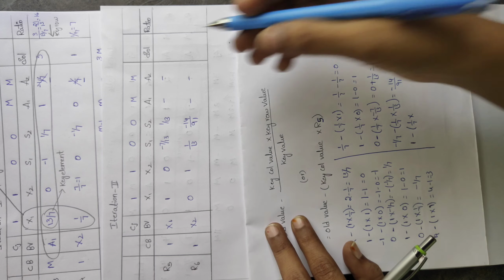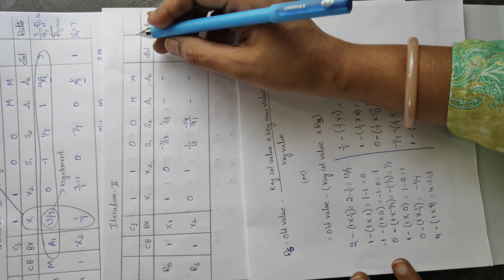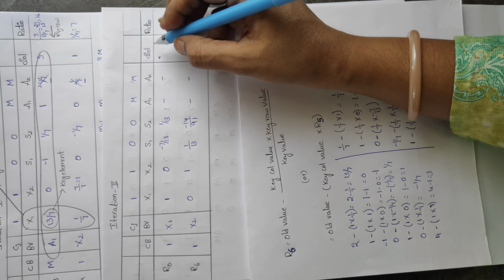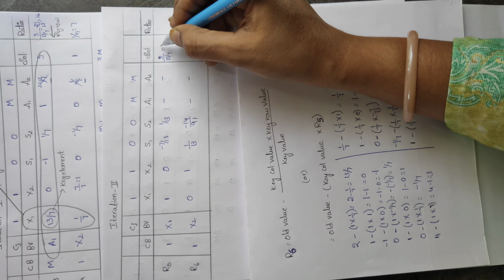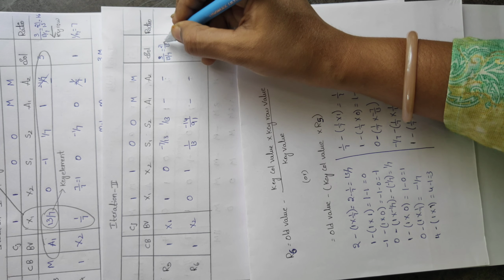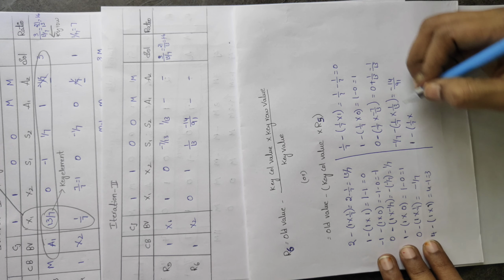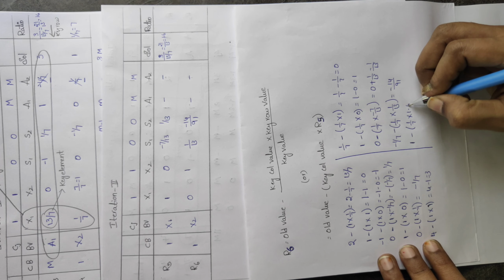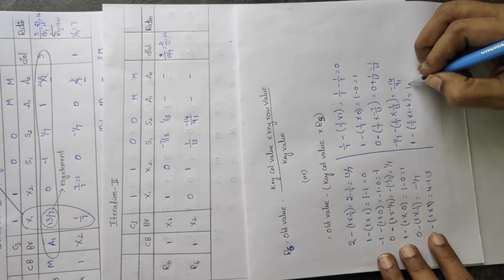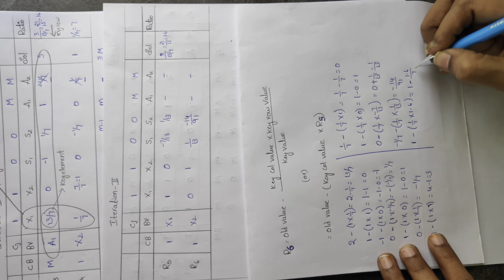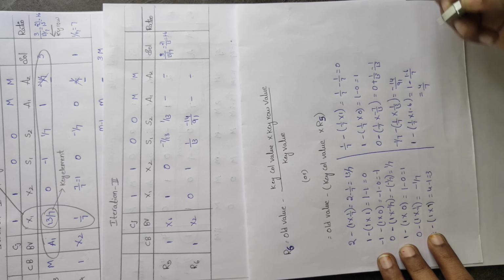We have forgotten to find the R5 value here: 3 divided by 13 by 7 equals 21 by 13, 1.6. R5 value is 1.6. That equals 1 minus 1.6 by 7, which is 4 by 7.